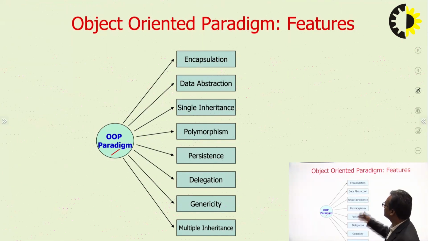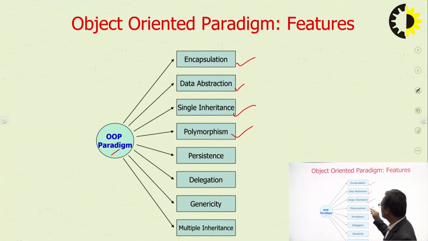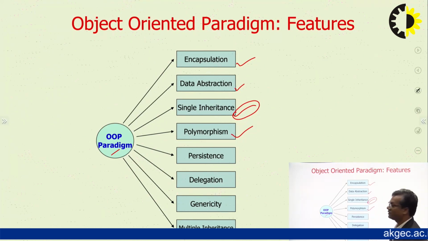The first one is encapsulation, data abstraction, single inheritance, polymorphism. Why are we using single inheritance? Because we are referring to it with Java programming.